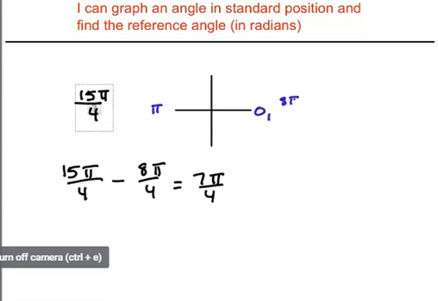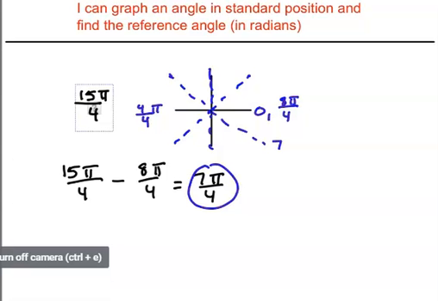If I want to do it like this, 2 pi is the same as 8 over 4, because I'm going to divide it into fourths here, and go all the way to 7 pi over 4. So this is 1/4, 2/4, 3/4, 4/4, 5/4, 6/4, 7/4.